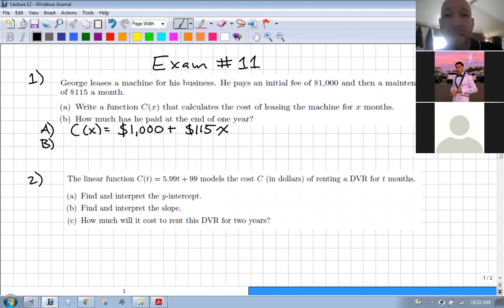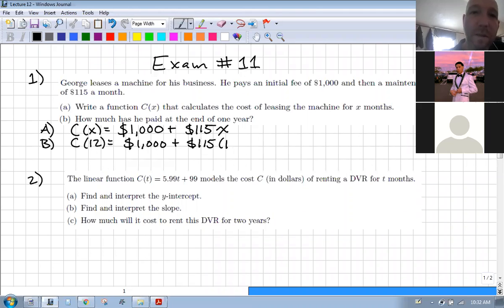How much is he paid at the end of 1 year? Well, since it's maintenance cost per month, 1 year is going to be 12 months. So we need to plug a 12 in for X. We have 1,000 plus 115 times 12, which is, let's see here, 115 times 12 is 1,380.